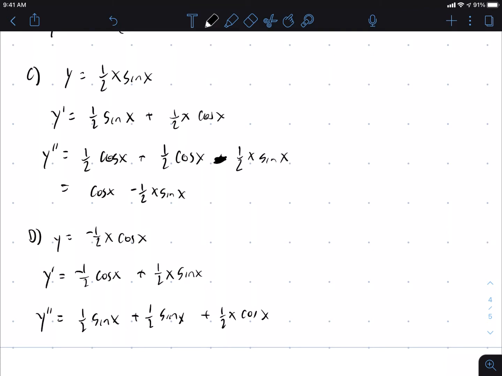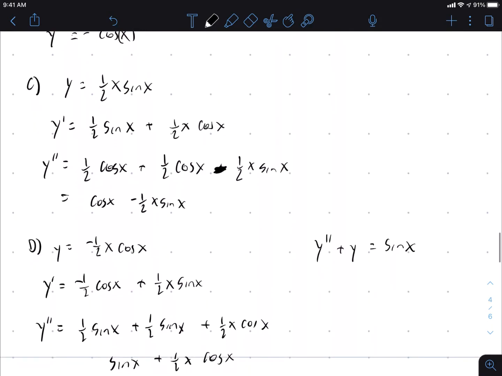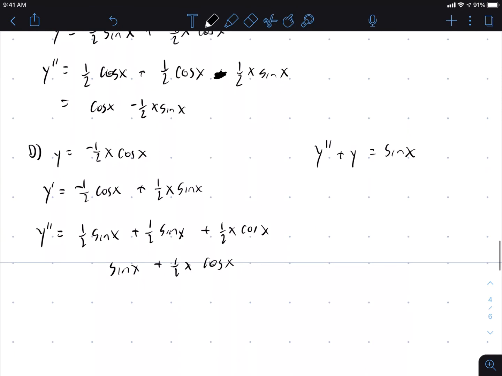Right. And then we need to fill out the equation, which was that plus that is equal to sine of x. And this one cleans up to be sine of x. I believe that's correct. And it works. So it was D.